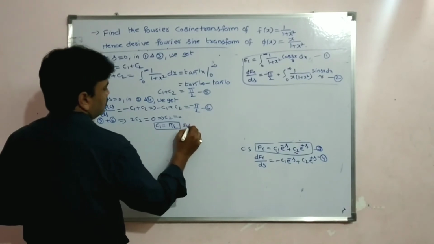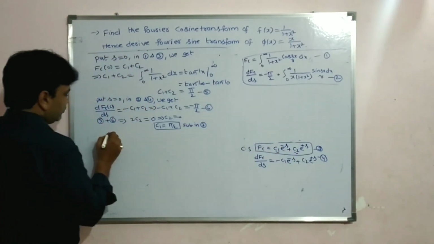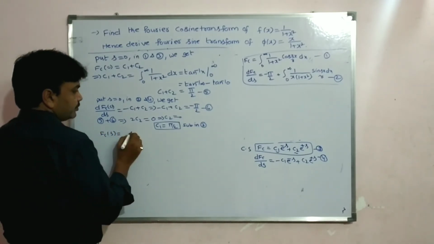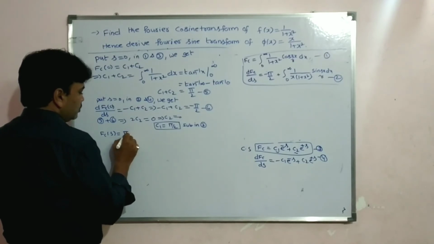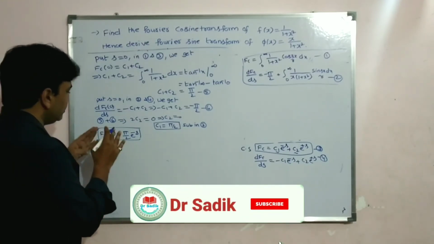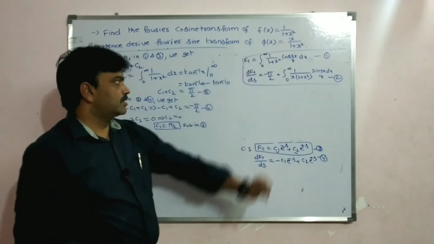Substitute in 3, we get Fc of s equal to pi by 2 e power minus s. This is the Fourier cosine transform of 1 by 1 plus x square.